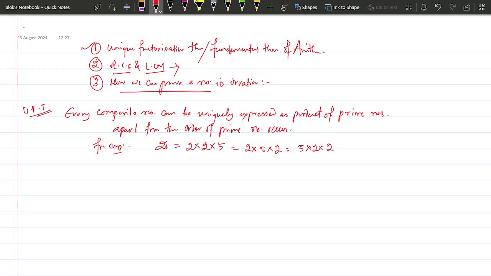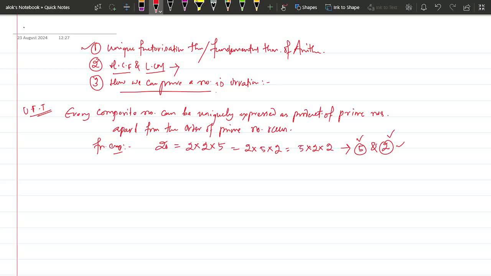The order may vary, but the prime numbers are unique, that is 5 and 2. We cannot write 20 using any other prime number except 5 and 2.